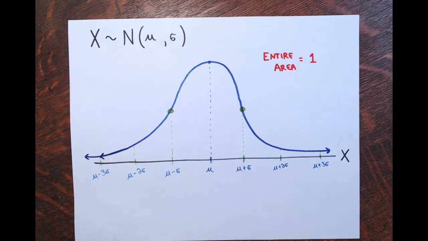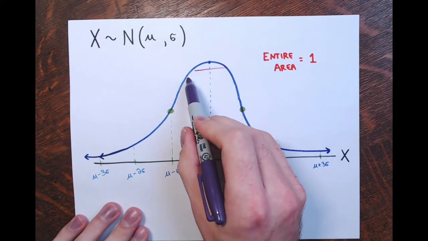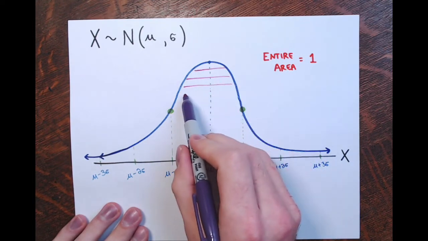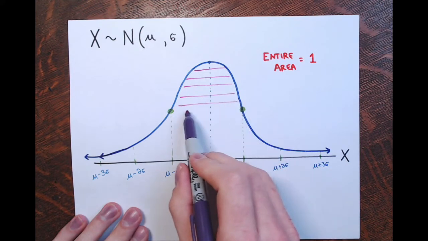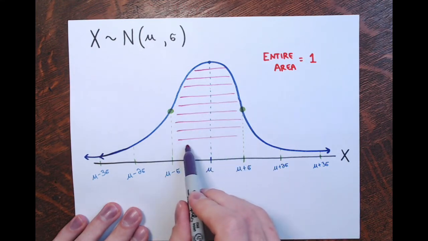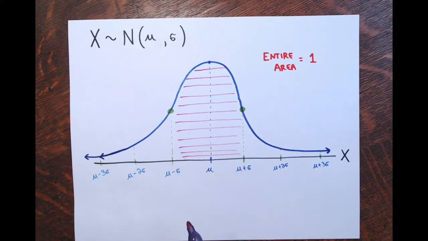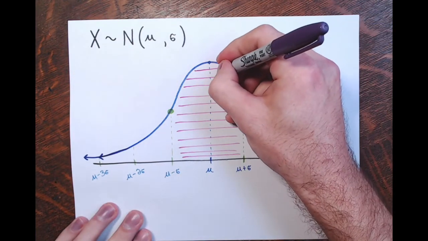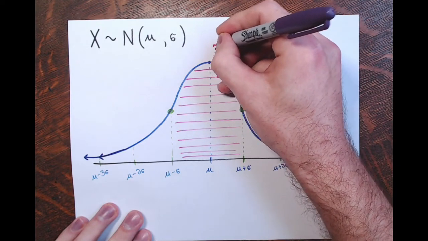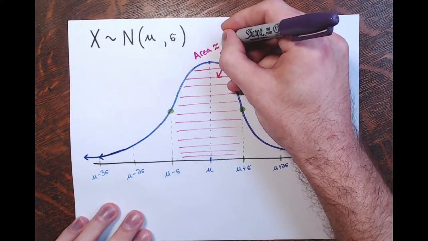Now the empirical rule, remember, stated that the area under a normal curve like this, these symmetrical bell-shaped curves, within 1 standard deviation, so from mu minus sigma to mu plus sigma, that area there is approximately 68%, or 0.68.